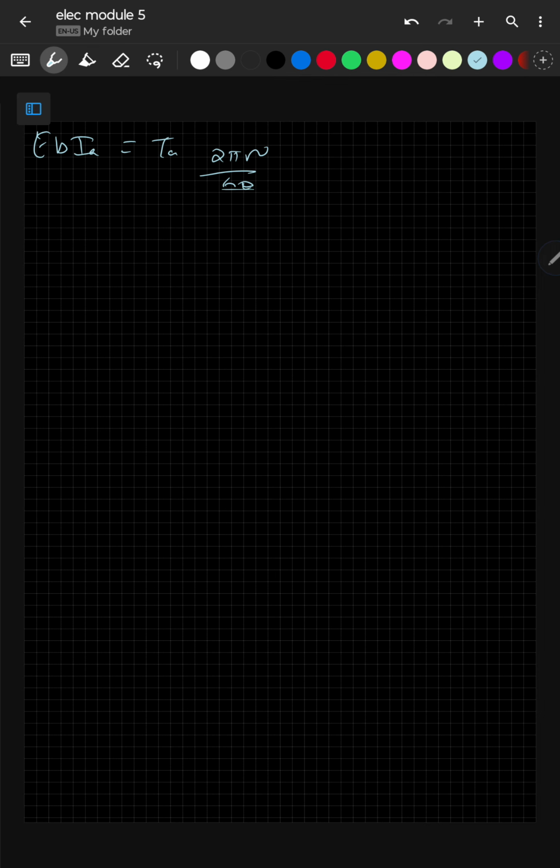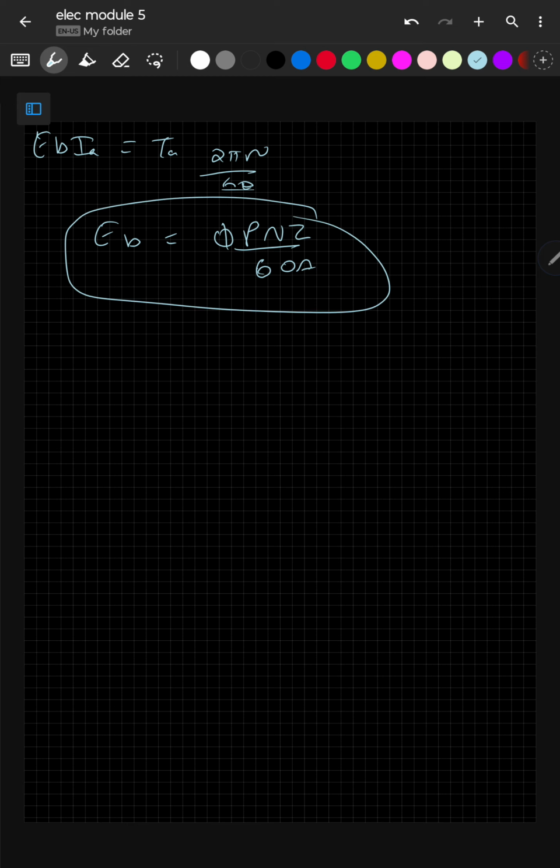So after this we're taking only EB. Now one more formula to remember: EB equals phi PNZ by 60A. First thing you have to remember is that omega equals 2 pi n by 60. Second thing you have to consciously remember is PA equals EB into IA.